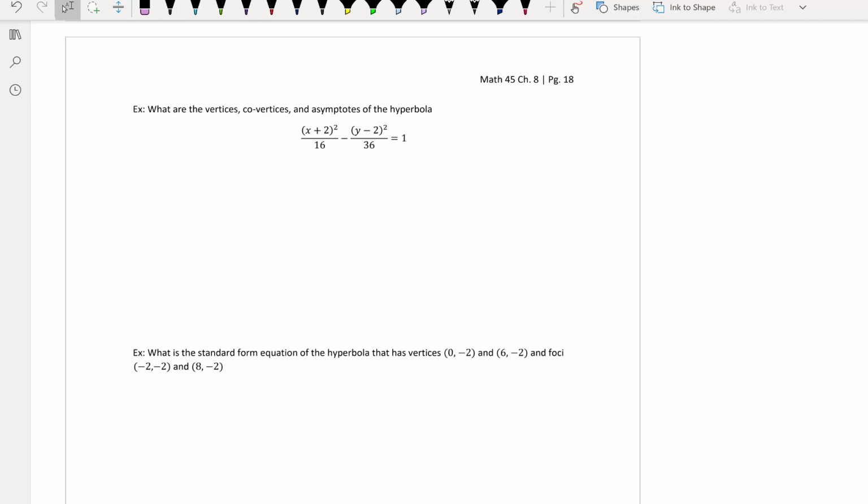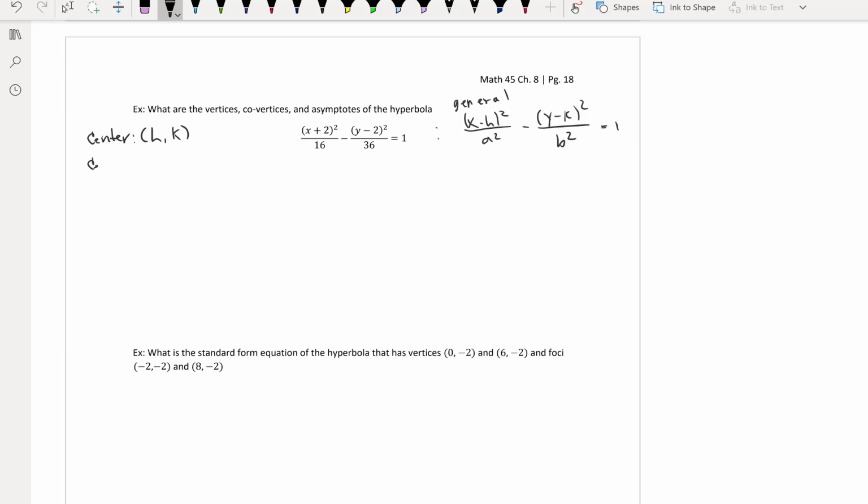So for this one, it looks like the x squared came first. So just so you know the general equation, we have x minus h squared over your a squared minus your y minus k squared over your b squared is equal to 1. And so your center is always going to be h comma k.